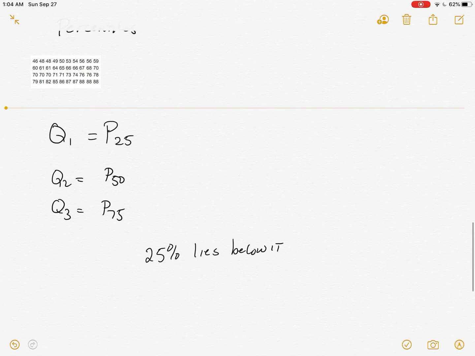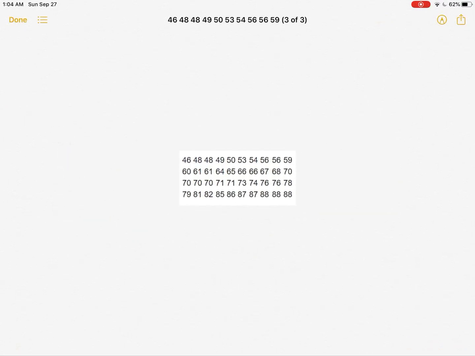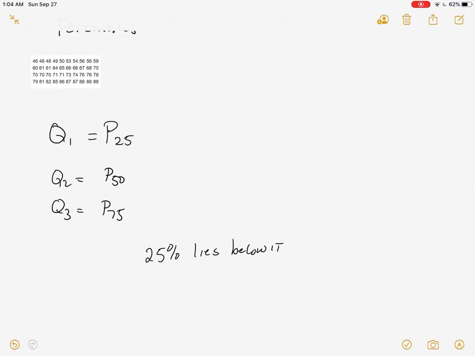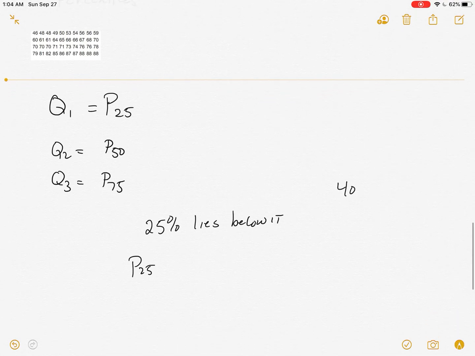Okay, so how do we do that? Well, we look at our big list of data. In this, we have 40 pieces of data, so I'm going to just note that. If we want to find P25, step 1 is to take 25% of 40.